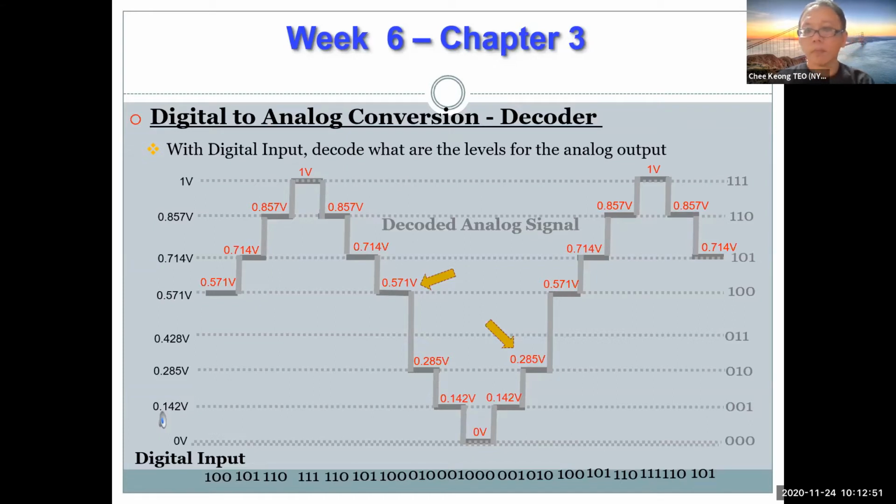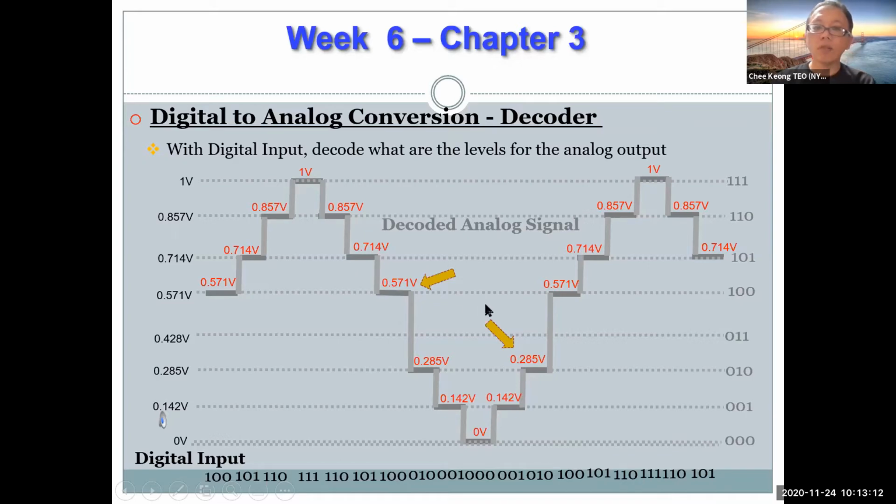A decoded analog signal is still pretty much staircase-like. If you replace each of these digital bits by its analog equivalent, then you get this value, right? But this is still quite far from a sine wave because the edges are still jagged and square in nature.